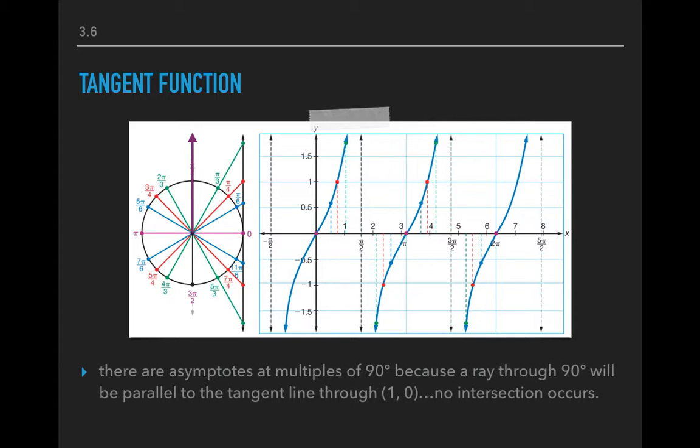So you have these little squiggly lines that go for the tangent function, but they're not a nice continuous wave. They're like these little divided waves.